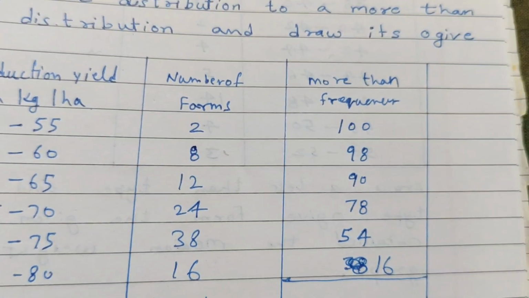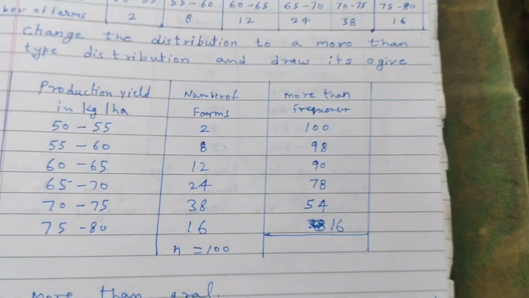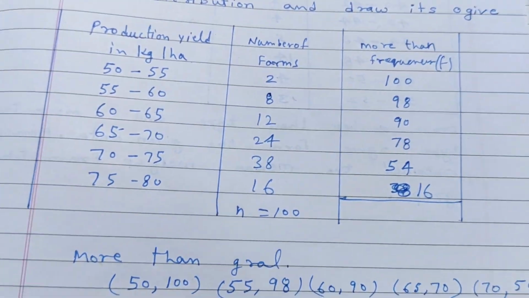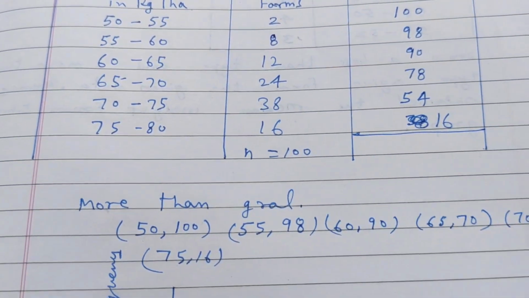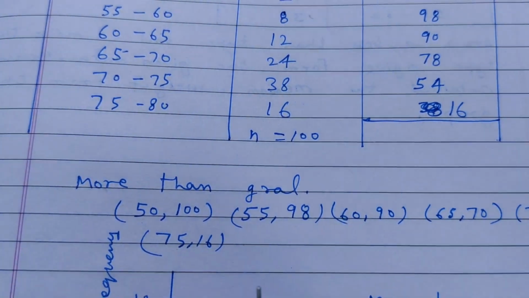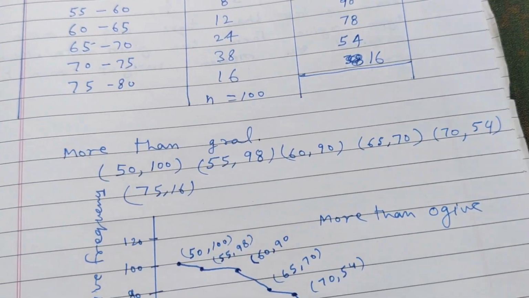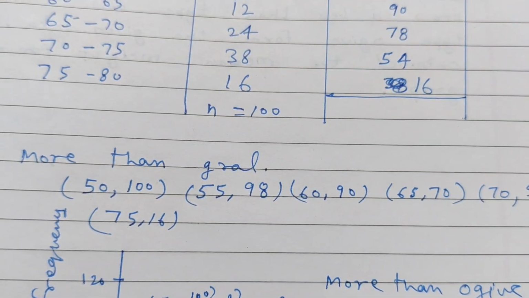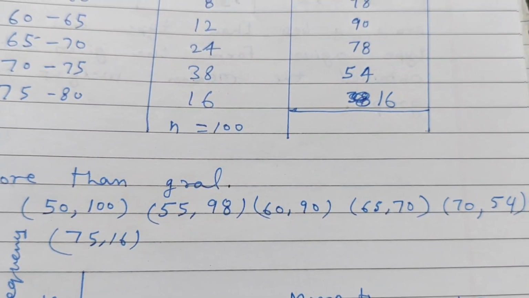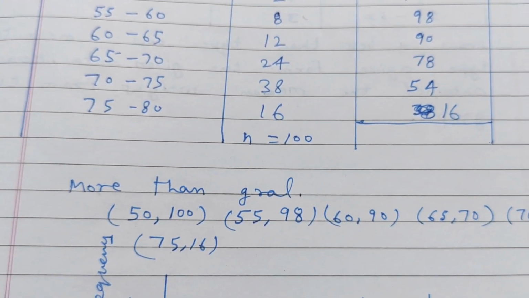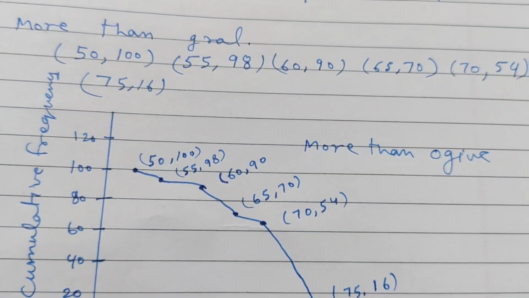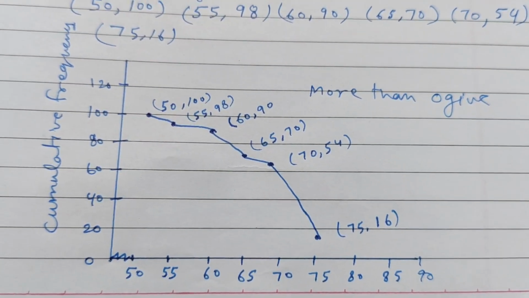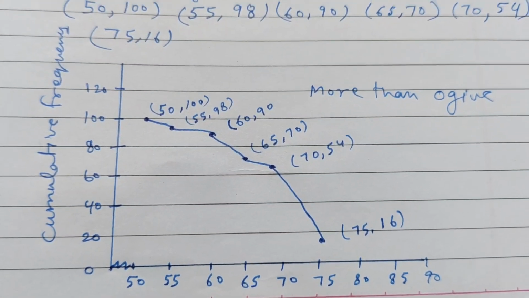This is the frequency. For the more than type, 50 to 100, 55 to 98, 60 to 90, 65 to 70, 70 to 54 and 75 to 16. This is the more than type graph.